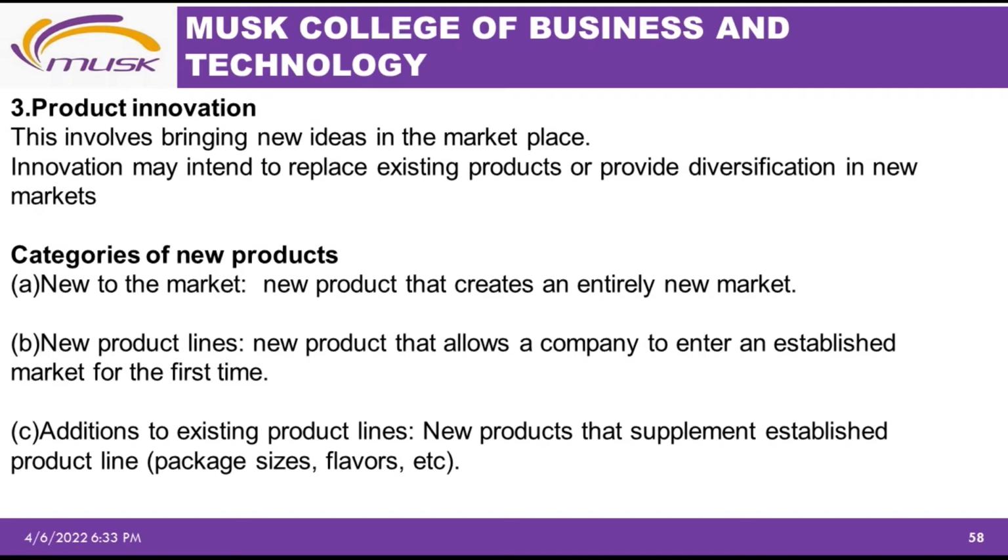Number C is additions to existing product lines. New products that supplement established product lines. That is package sizes, flavors. So maybe we can improve on the package size. Maybe a bigger package or a smaller package, however we want it. That's a nice one.